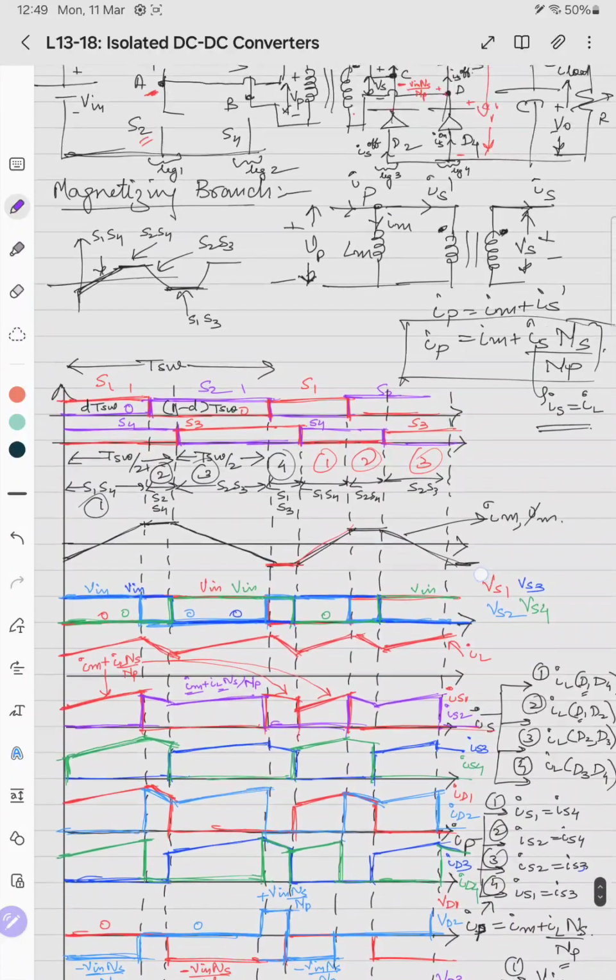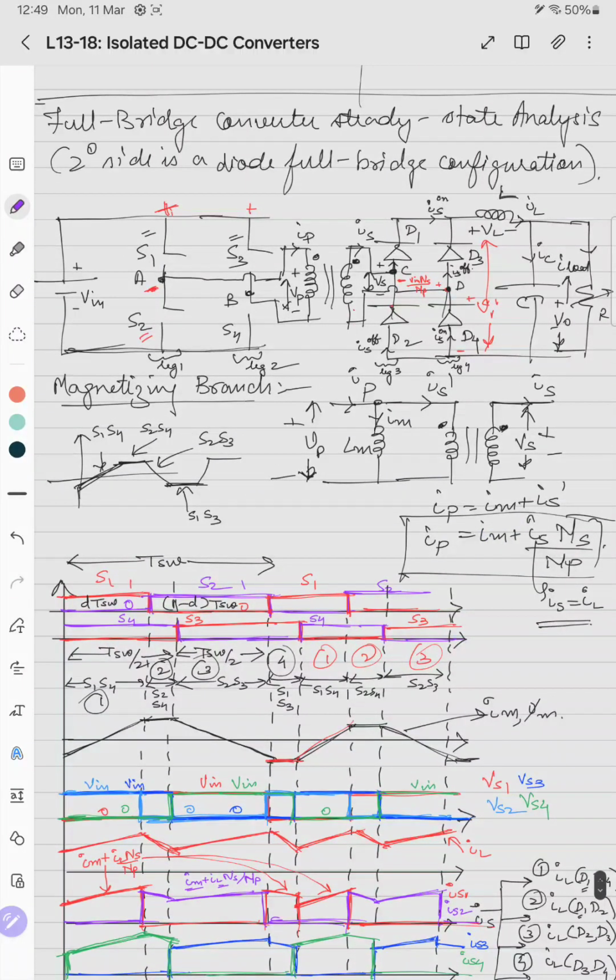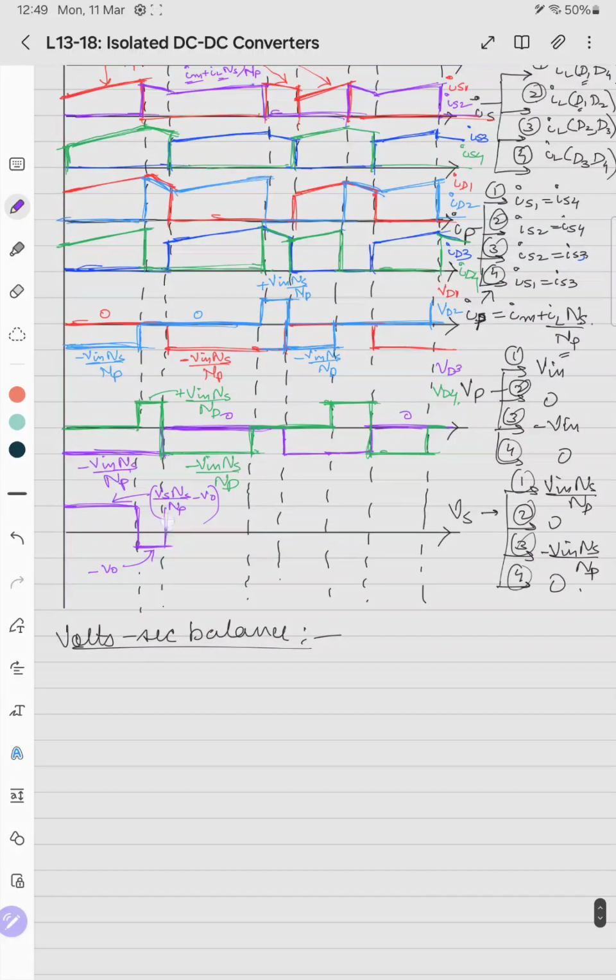In case 3, it is still the positive value, Vs Ns by Np minus V naught, because the other two diodes maintain the same polarity. And in case 4, it is again minus V naught. So it is oscillating like this. This is the waveform of VL.